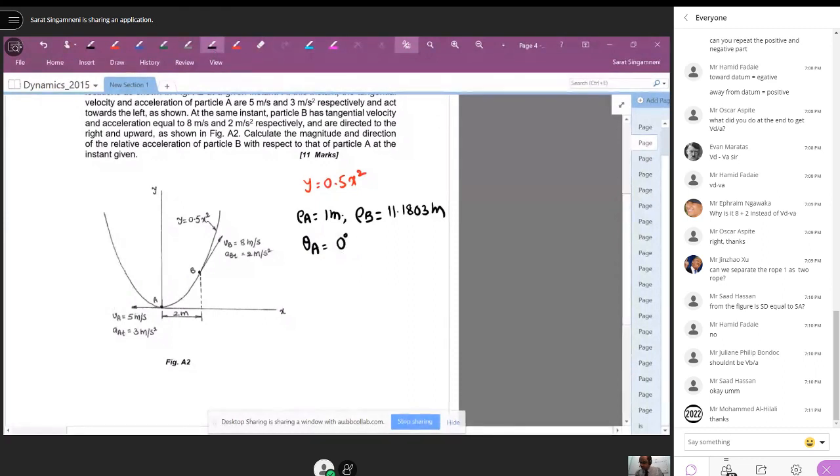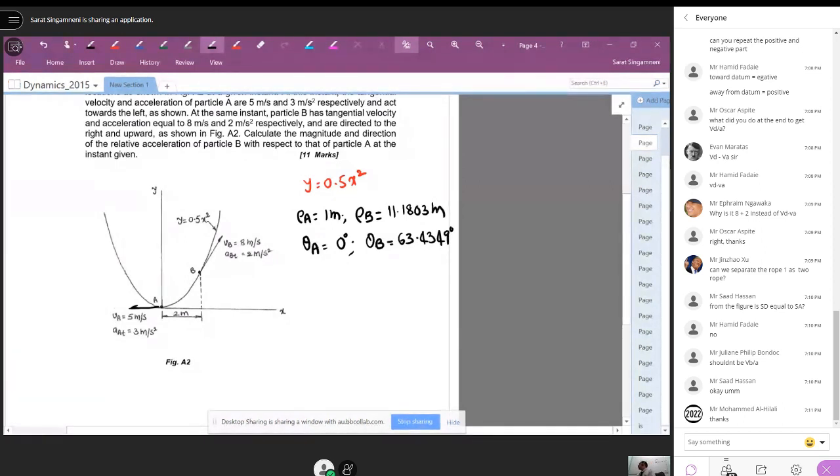The tangent will be parallel to the x-axis at A, and theta B, you will get it as 63.4349 degrees.